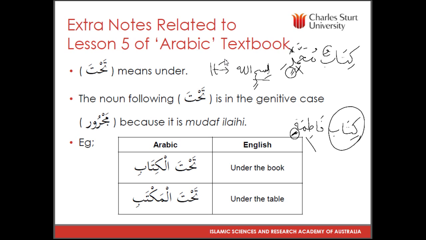Huwa normally means he, but defter is not he. In terms of translation, it is the equivalent of it, because it has no intellect, so you should translate it as it.